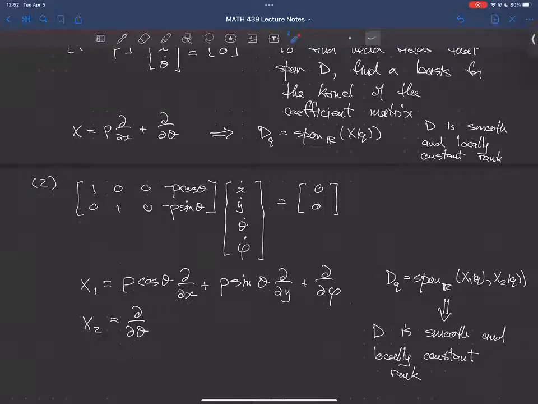So if you fix theta, okay, then this describes this. Okay, that's the point. Okay, good. All right, so these are two examples, and you can explicitly and simply calculate what these spanning vector fields are in this case. Okay, good.